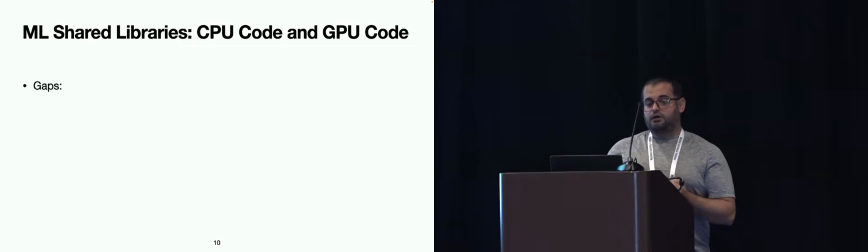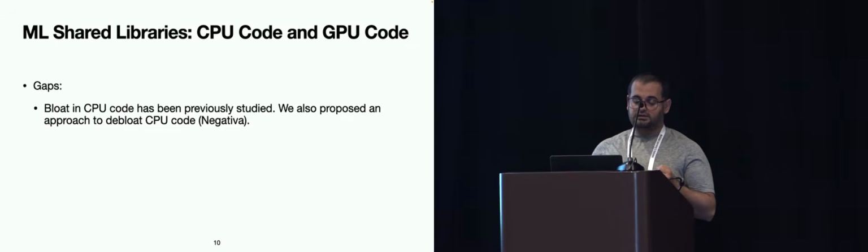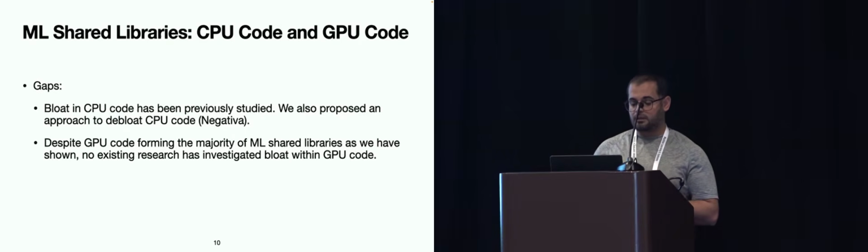The gap that the authors are trying to address here is that bloated CPU code has been previously studied. Also in this paper, if you go to the last section, the material section, they also proposed CPU debloating. They call it Negativa. But bloat has not been explored well in the domain of machine learning GPU code.